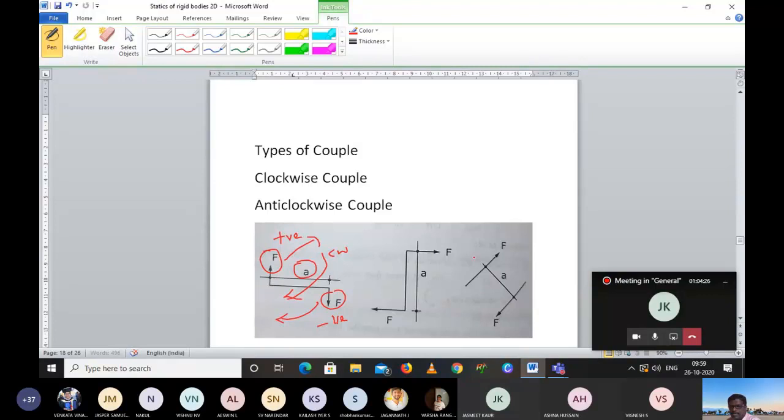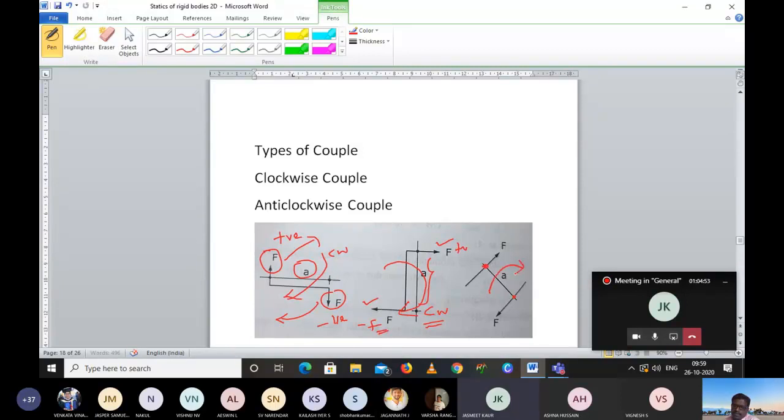As our friends asked, left and right. Clockwise. You know that this is F and this is minus F. As per our logic, this is plus. Because of this distance, it will rotate in what direction? Clockwise. This is called a turning effect. And if it is in an inclined way, again clockwise.